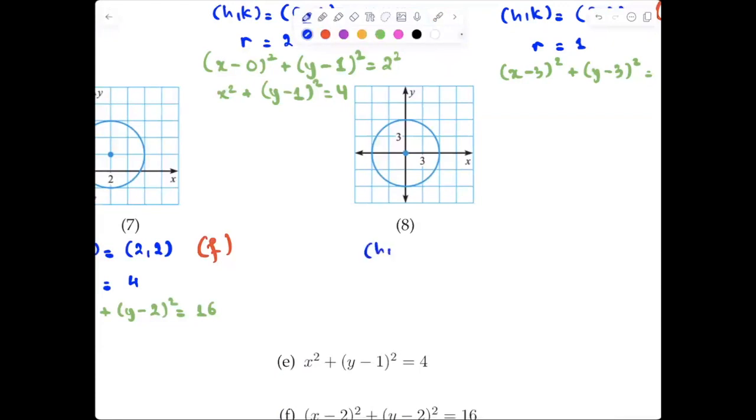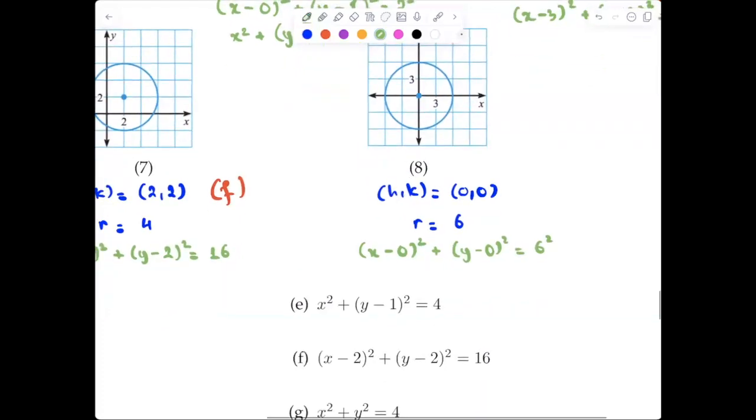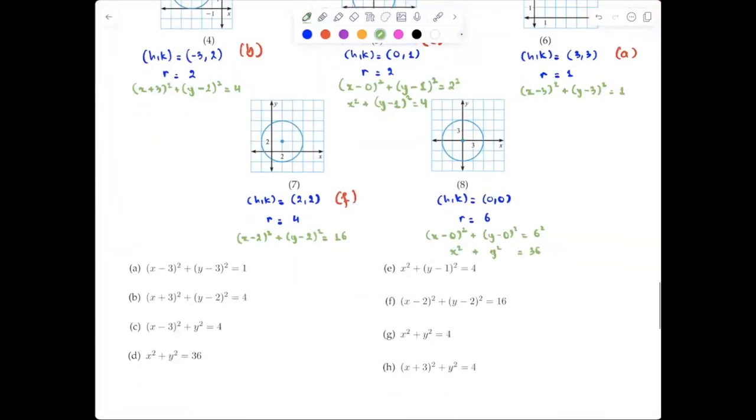So h comma k is equal to 0, 0, and the radius is equal to 6. So the equation of the circle is x minus 0 squared plus y minus 0 squared equal to 6 squared, or x squared plus y squared equal to 36. All right, so D is the choice.